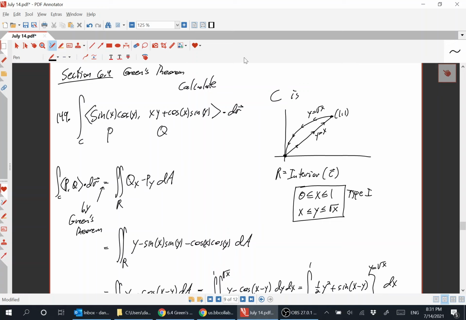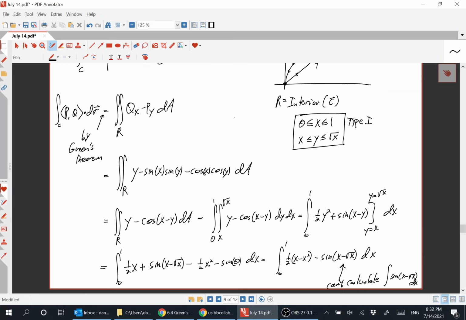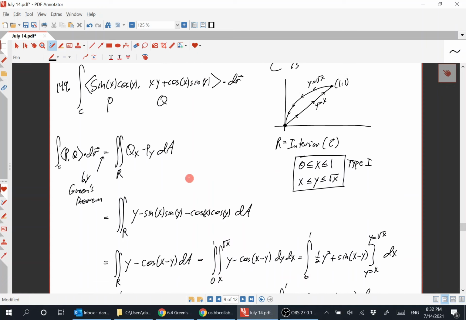Sine x cosine y, cosine x sine y. Qx is minus sine... Oh. Minus sine x sine y. Py. Oh, plus sine. No. Oh, I think I see what happened here in this problem.